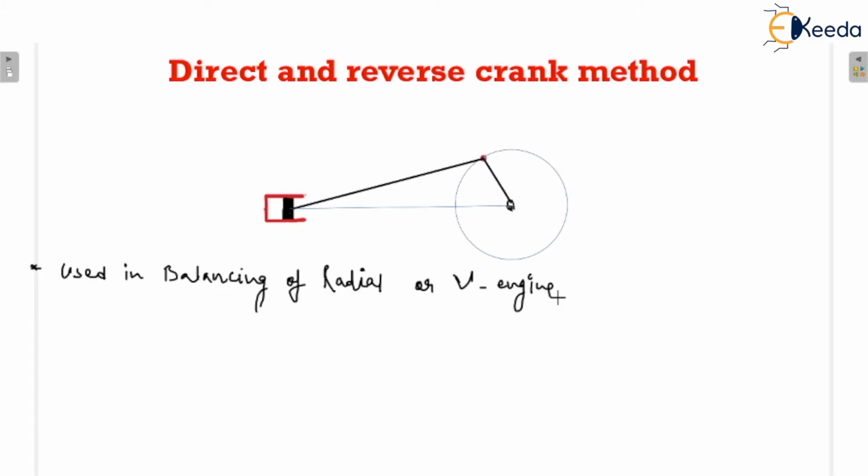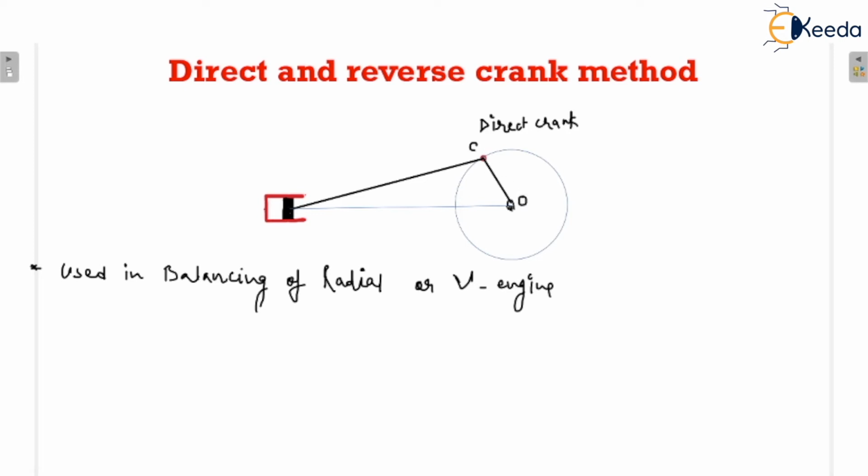When you see this diagram carefully, this is our line of stroke, and this is our crank. I'm considering it as the primary direct crank. Let the direct crank be OC.